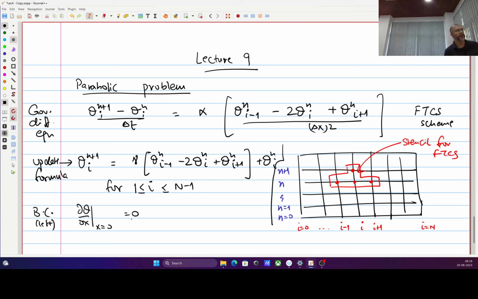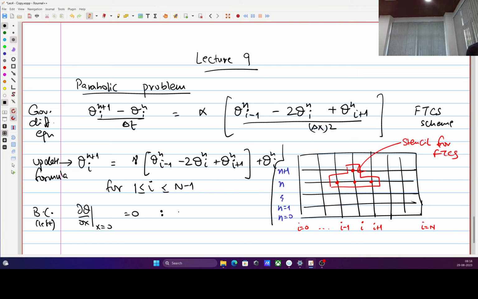Can anyone help me with how I can discretize this? What sort of difference form can I use corresponding to this? Forward difference, yes, it's the left boundary, so I can take a right point.